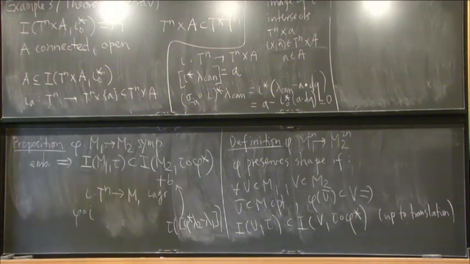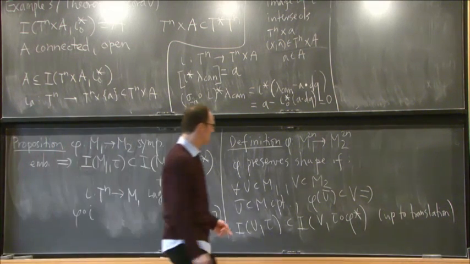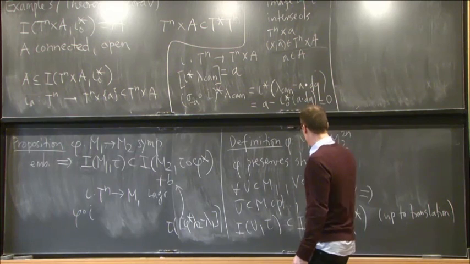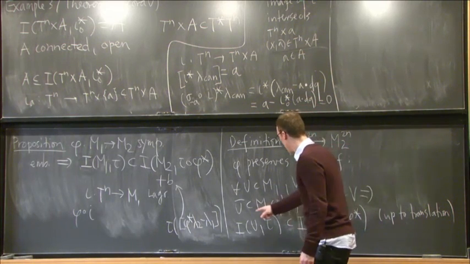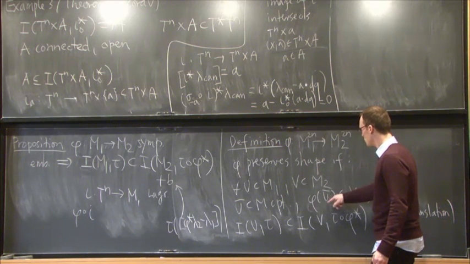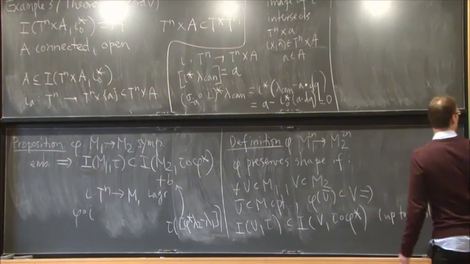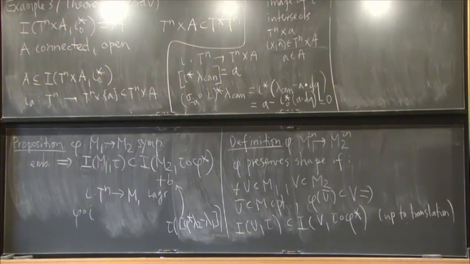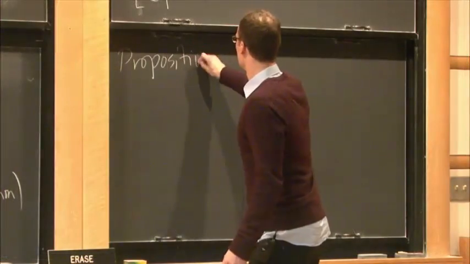Okay. Let's see. Okay, and the reason I require that the closure of U is compact and lies in V is simply so that this following proposition becomes obvious.